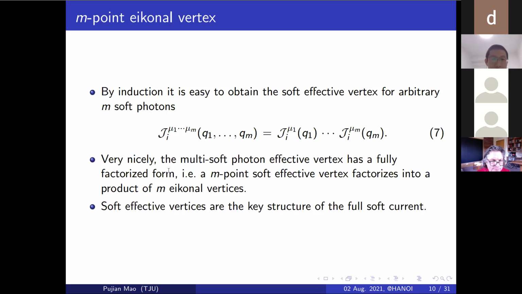But I should say that it's just a consequence, because you missed a lot of diagrams, but in the end they cancel each other. And this soft effective vertex is the key ingredient to derive the full soft current.